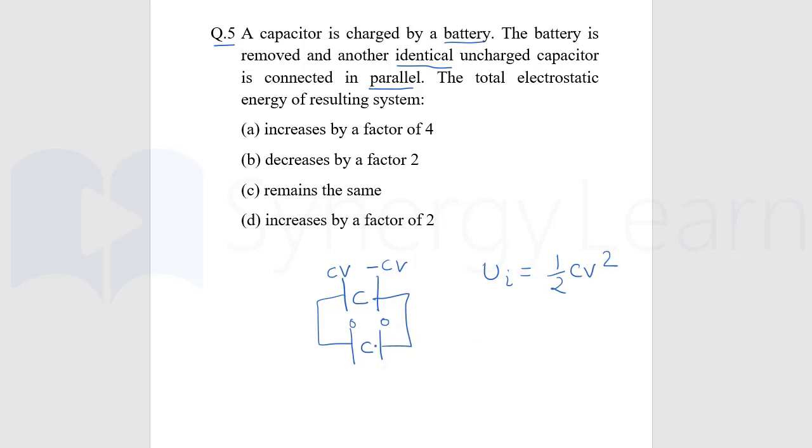Now there will be some charge sharing, and as we know, charge sharing causes charge to distribute on both the capacitors, and it is a spontaneous process. And as we know, all spontaneous processes lead to a decrease of energy.